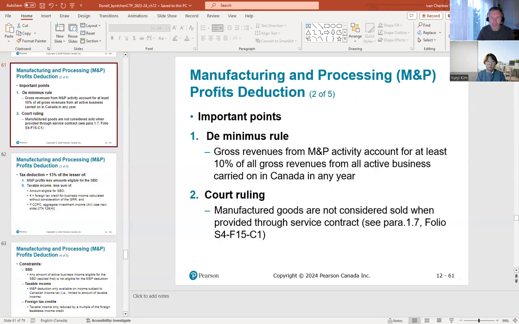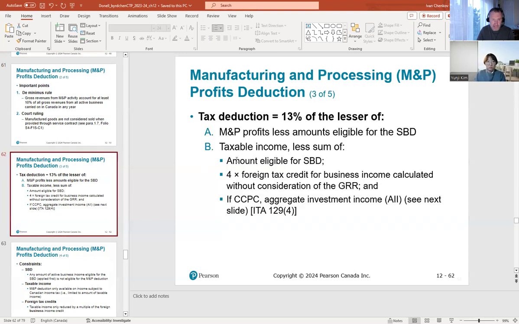So here we're going to the manufacturing and processing profit deduction. That is 13% of the lesser of the manufacturing and processing profits less the amount of the eligible small business deduction. On the small business deduction, you cannot apply 13% because you're already applying the higher 19%.